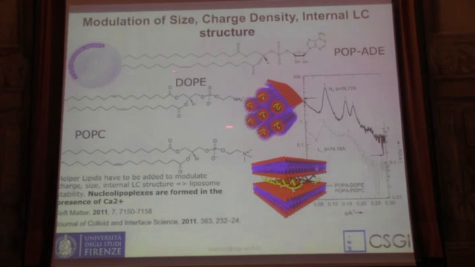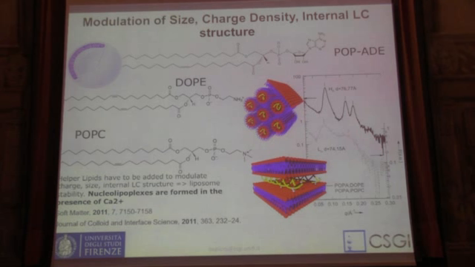In this case you get an inverse hexagonal structure, and the signature of the inverted hexagonal structure comes from neutron or small angle X-ray scattering. Or if you use POPC, you get a lamellar structure, which is actually this one.